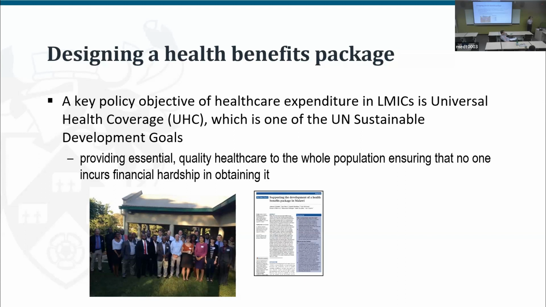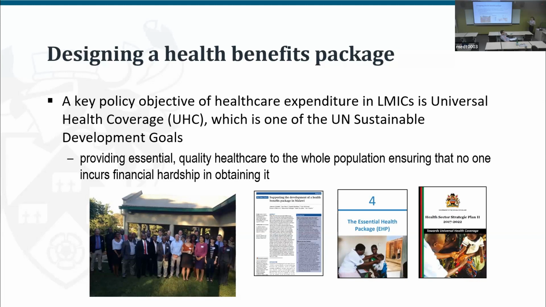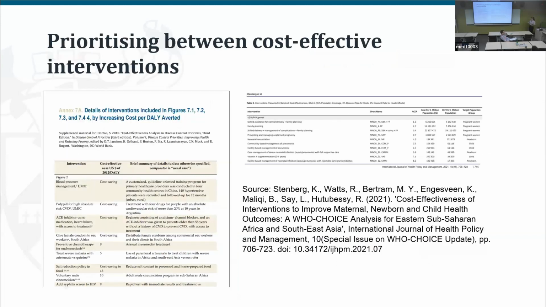So this work was published, but possibly more importantly, it informed the essential health package in Malawi, which fed into the health sector's strategic plan. And so one of the take-homes from this piece of work was that we could use our estimates of opportunity costs to inform net health impact, which we can use to prioritize between cost-effective interventions.